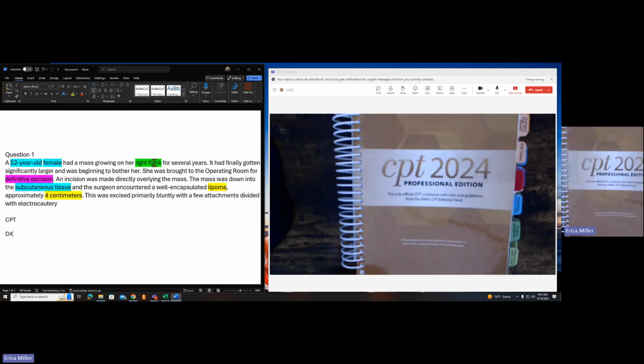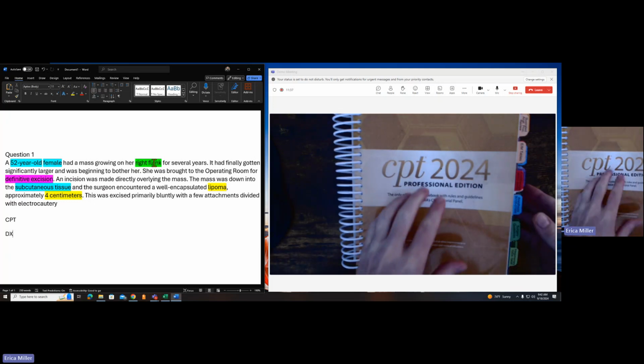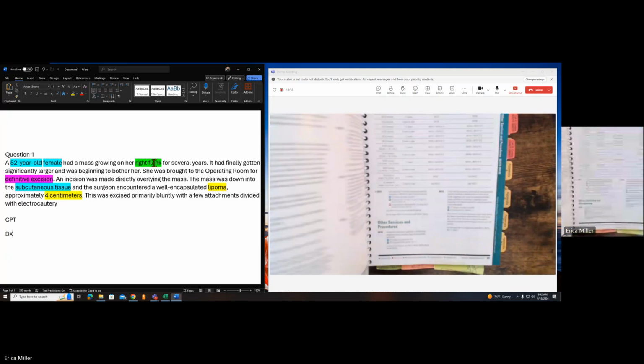All right, I got my CPT code book open first, so I'm going to go ahead and start with my procedure. So what do I have? I have an excision of a lipoma on the right flank. All right, so I'm going to go into my index first.